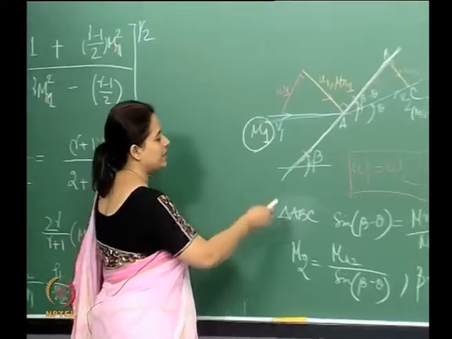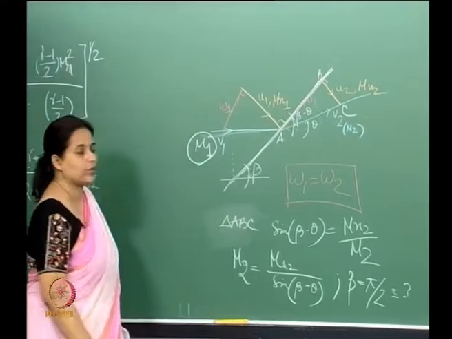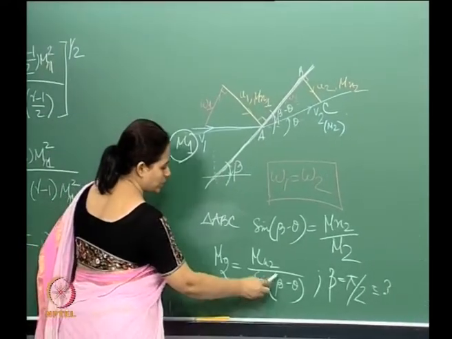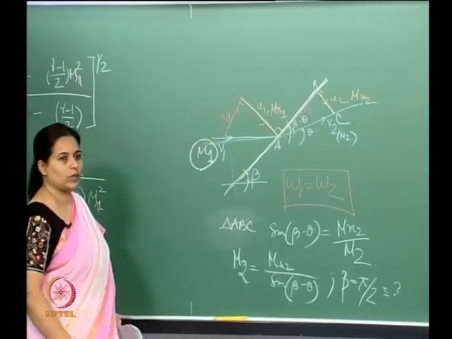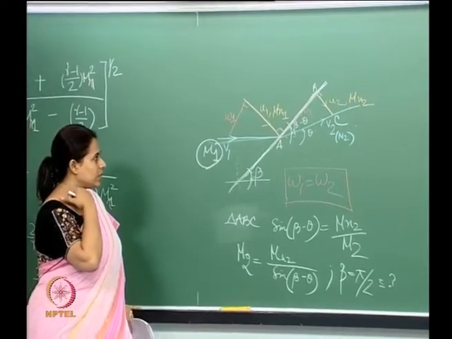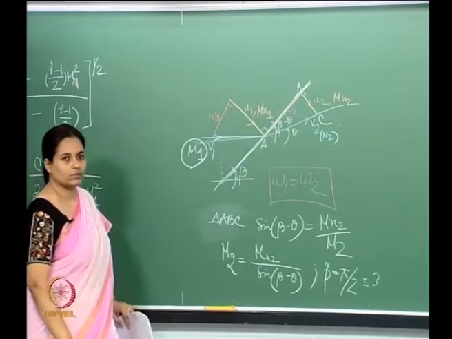If beta is equal to pi by 2, and if you also put pi by 2 over here, then what do we get? Just think about it here as well.